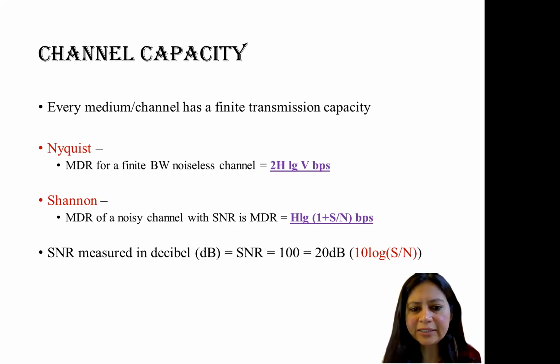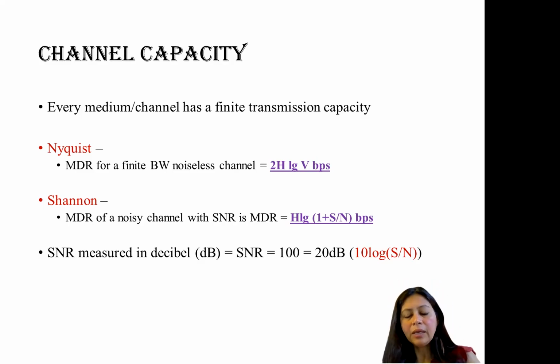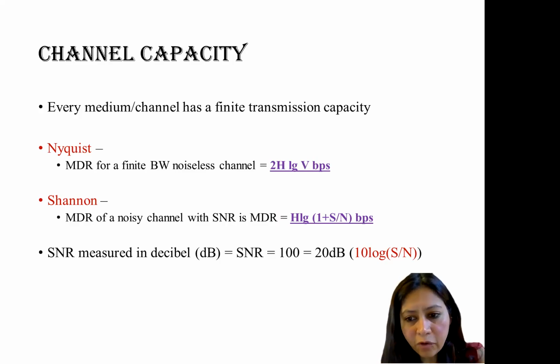When we say a channel has a signal to noise ratio of, say, 20 dB, not 100, 20 dB stands for 10 times log to the base 10 of the raw signal to noise ratio. So if the raw signal to noise ratio is 100, that is 10 times log 100.